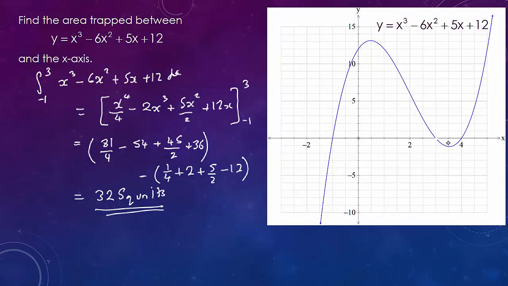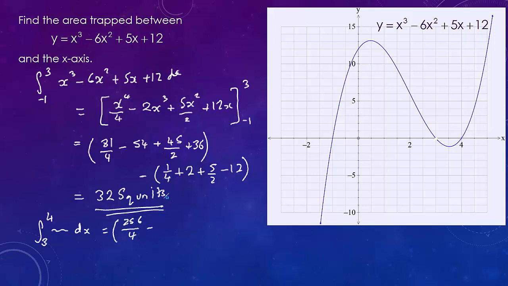And then the small area, we're going to then be integrating from 3 to 4. And it's the same function, obviously, so I'll just do that. And obviously we get the same thing here, but our top limit is 4. So we've got 4 to the power 4, which is 256 over 4.